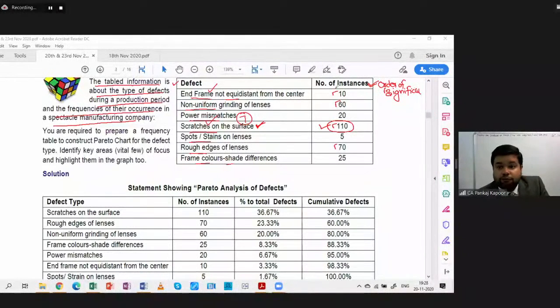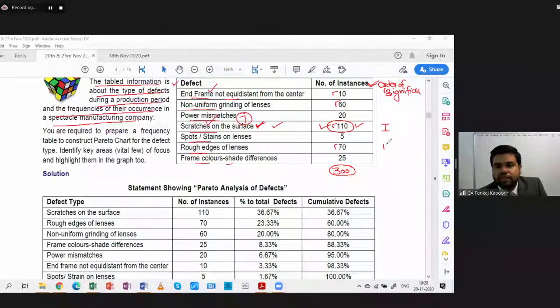If you see the total number of instances, there are 300 instances when a defect was found. If I solve this problem, I will solve 110 cases of the defect. Obviously, 110 is more among these. So this will be the first item on which I must focus.